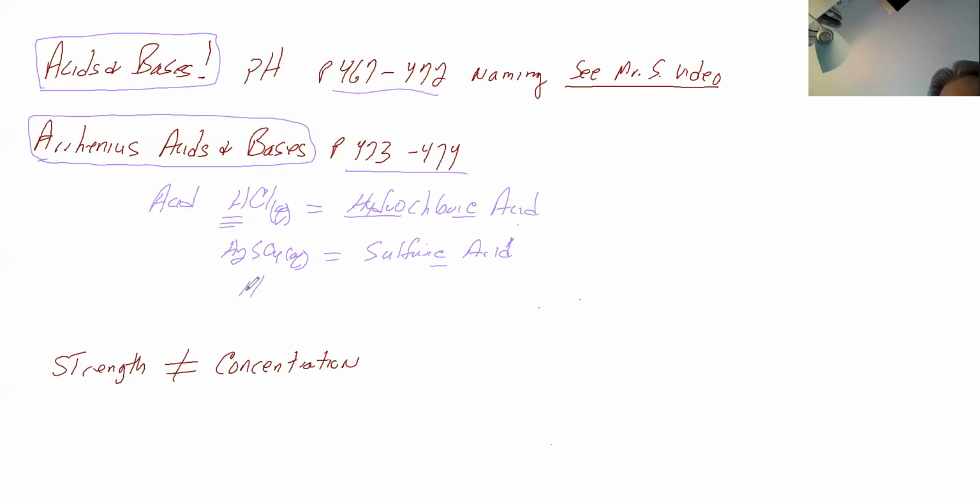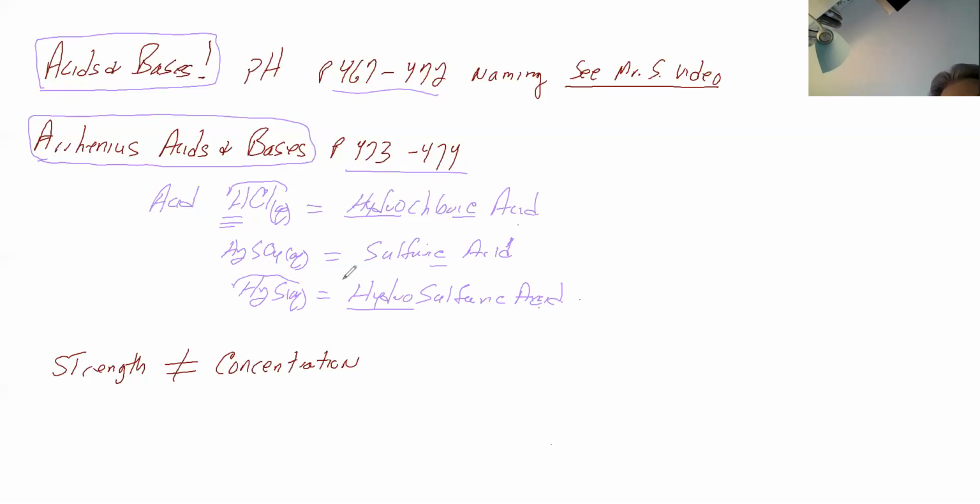Now that's not to be confused with H2S(aq), which is hydrosulfuric acid. And you'll notice that when I have a binary acid, bi meaning just two, I have just two things here. I have hydrogens and sulfurs, I have hydrogens and chlorines.